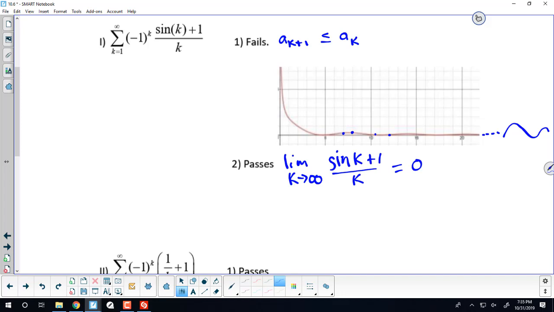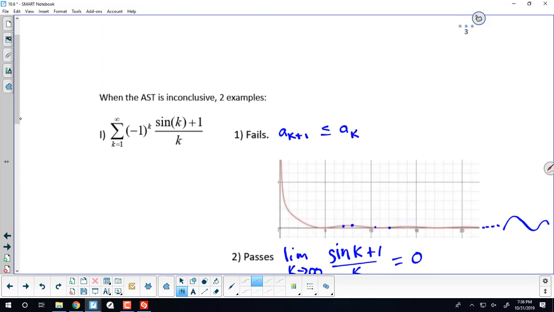So we use the squeeze theorem to show that. But both conditions are not met, therefore the alternating series test is merely inconclusive. We wouldn't say that, well, both conditions aren't met, therefore it does not converge. That's not your conclusion. Your conclusion is just that it's inconclusive.